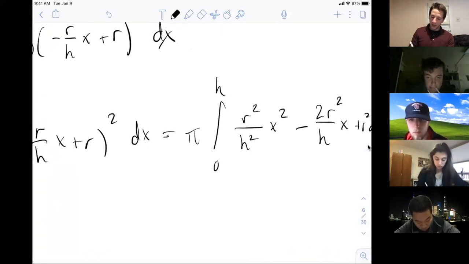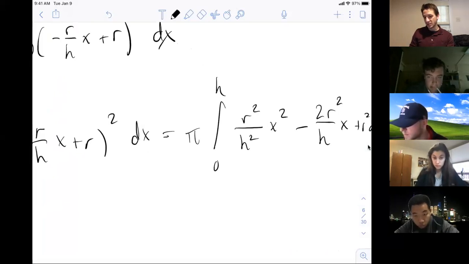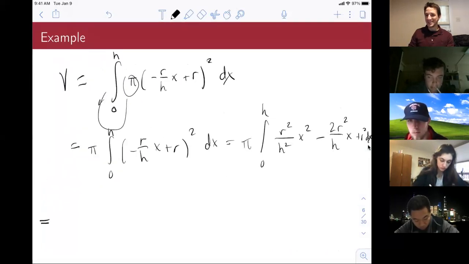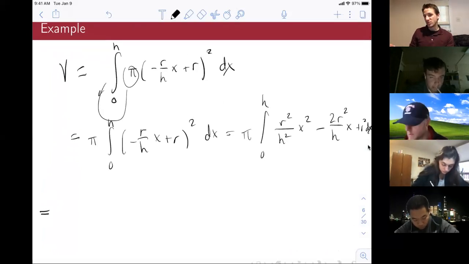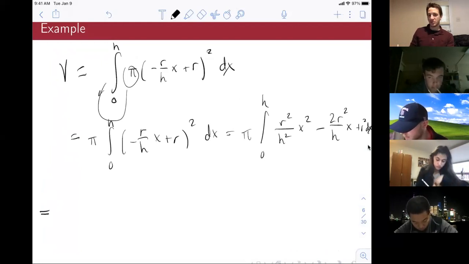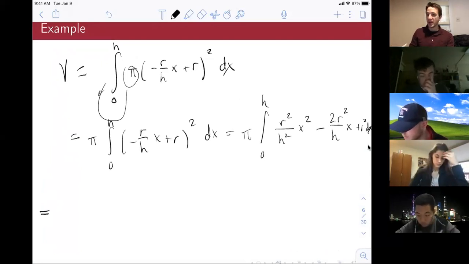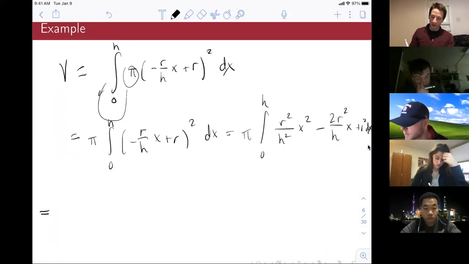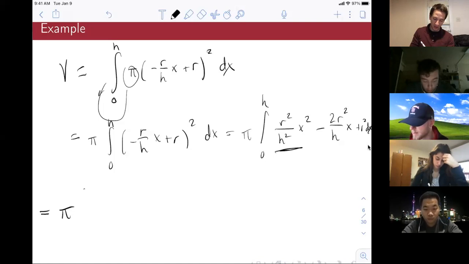And then keep in mind that r and h are both constants with respect to x, right? So when I integrate, that multiplication by r over h or r squared over h squared doesn't really matter. You can pull that out in front of the integral. So we'll do this term by term. I have a pi multiplying everything.